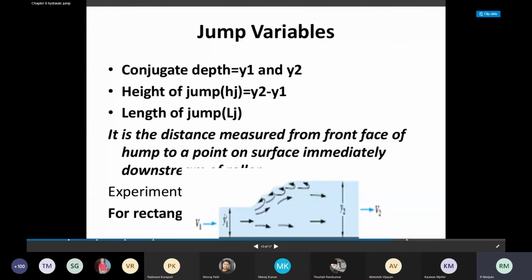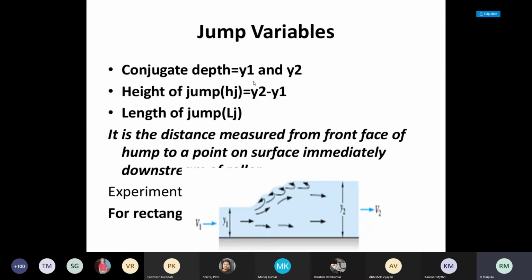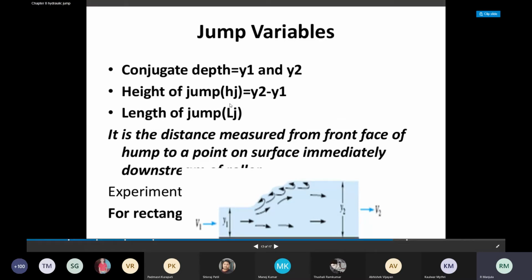The distance between Y1 and Y2 is called your length of the jump, or LJ. These are the variables which you need to assess for the hydraulic jump. The length is the distance measured from the front face of the jump to the point of the surface immediately on the downstream side of Y2. That is called your length of the jump.